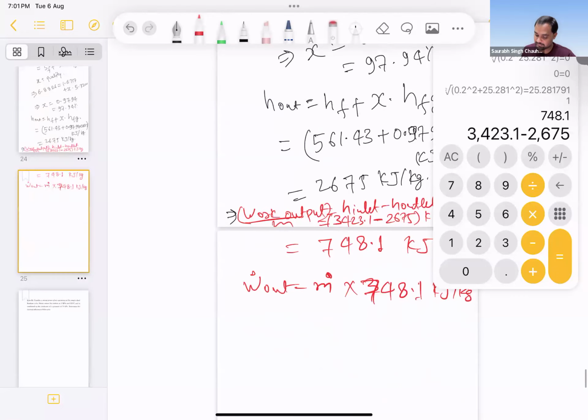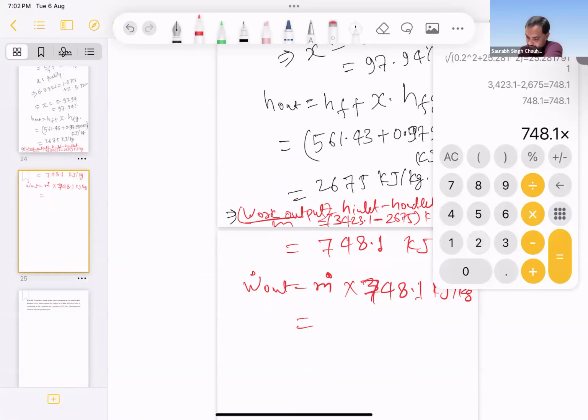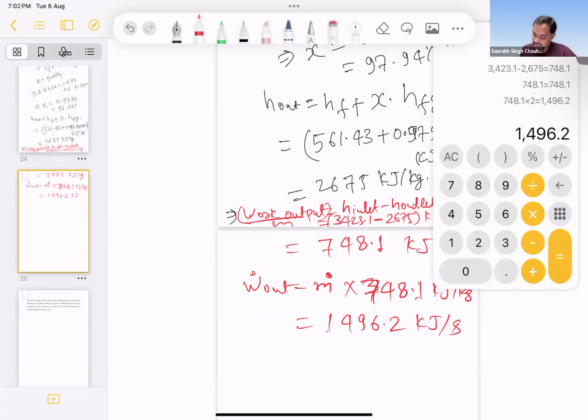Just multiply this by 2. So you will get 1496.2 kilojoule per second.